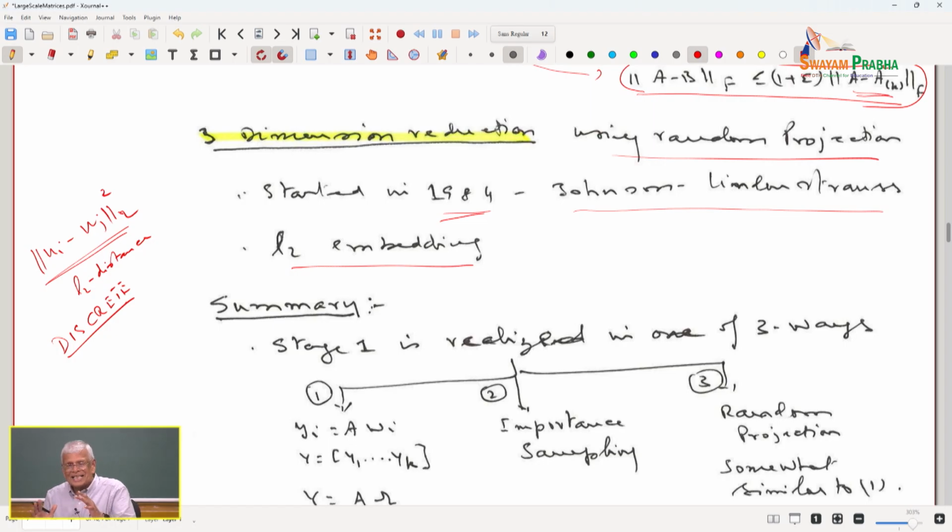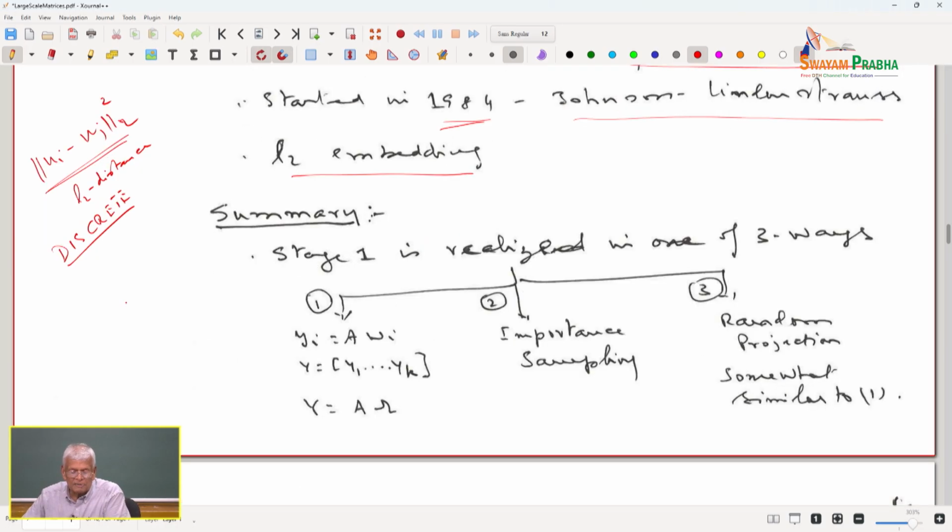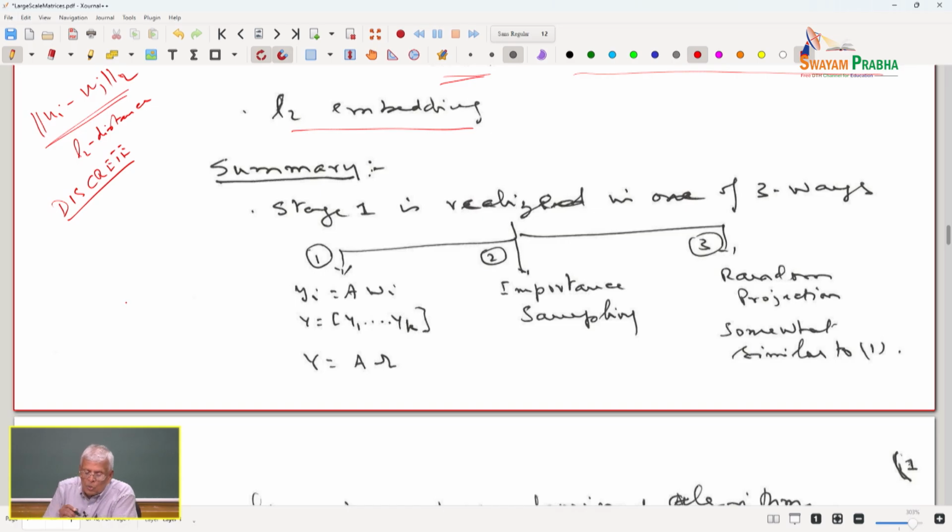So, you can see the two approaches, random projection based and random sampling based, were used in data science starting in the 90s. So, what is the summary so far? Stage 1 is realized in one of 3 ways.